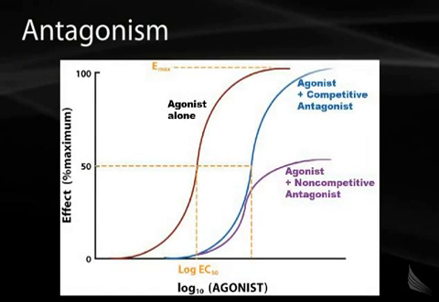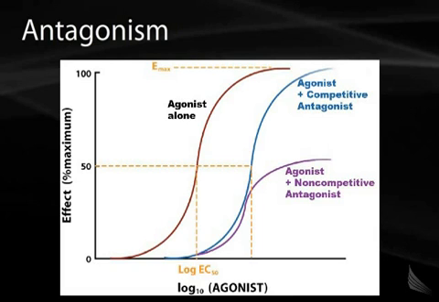Here's another curve that shows effect over the log of the concentration of the agonist. And as you can see, as you give the agonist, your EC50 is right here, because you've achieved 50% of your maximal effect here, and the concentration required to do that is right here on the x-axis. As you give a competitive antagonist, you shift the curve to the right.